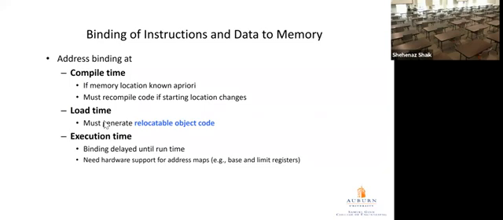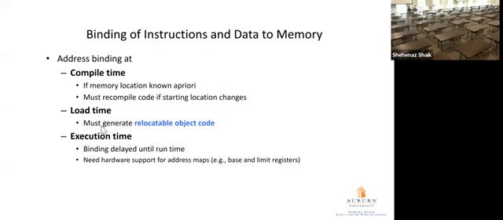But an advantage with these two approaches, performing the binding at either the compilation time or the load time, is that the code that is loaded into physical memory is the absolute code. In other words, each instruction has the actual physical address of each element that it will be accessing.